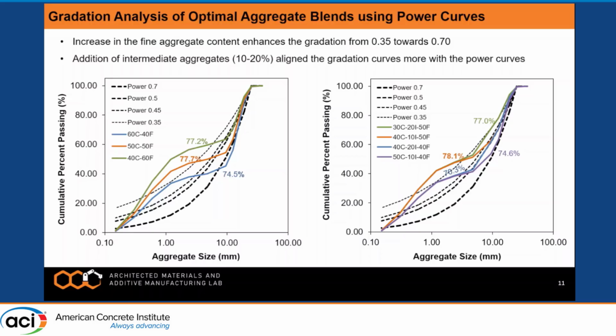When we introduce 10% of intermediate aggregate, this gap becomes smaller, but if we increase the intermediate aggregates to around 20%, these curves become more aligned with the power curve. So adding a bit, 10% more, can help to improve the gradation in these materials.